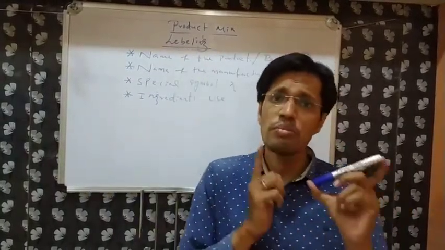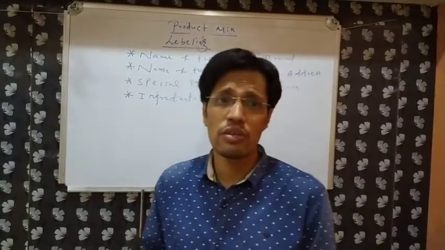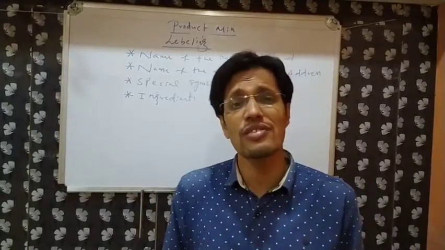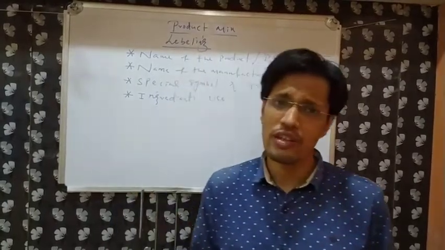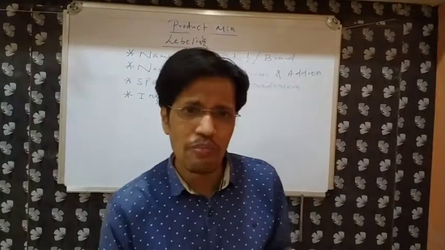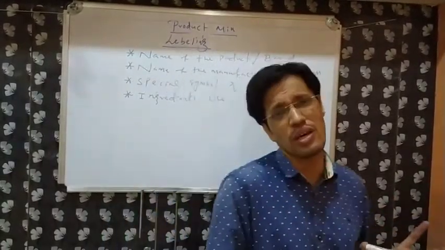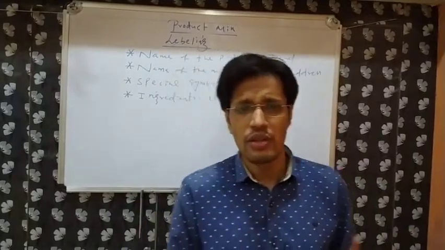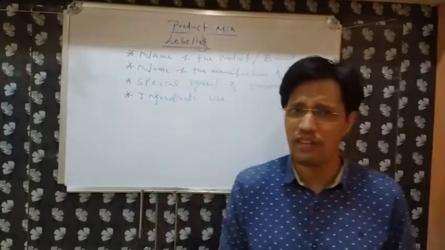So in order to make people confident that they are taking a product which is hygienic, healthy, which will not harm their health, we are required to mention what ingredients we are offering in the product. In cold drinks, in soft drinks, you find different kinds of flavor.